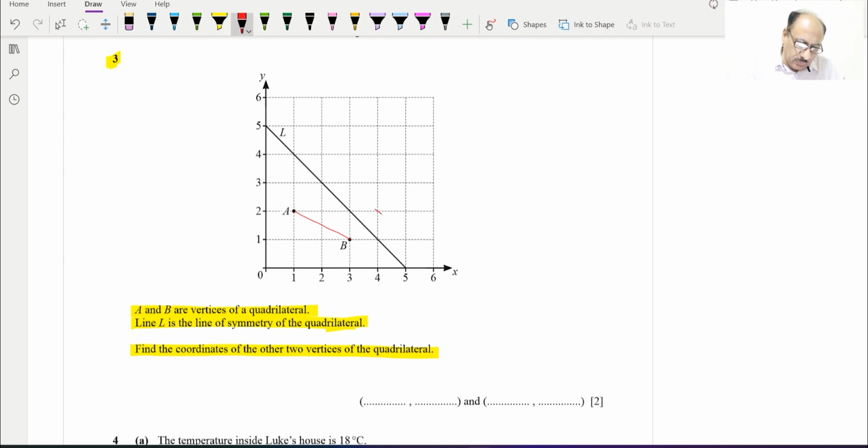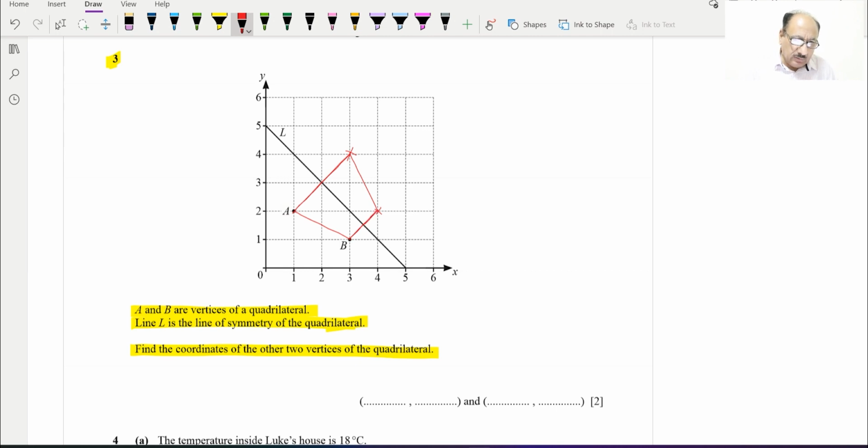So the other point in balance will be this one, and similarly we can check from here also, and mark the other point, and then we can draw with the help of the ruler. We can draw these 2 points, and join them to form the quadrilateral, and the coordinates of these 2 new points are required.